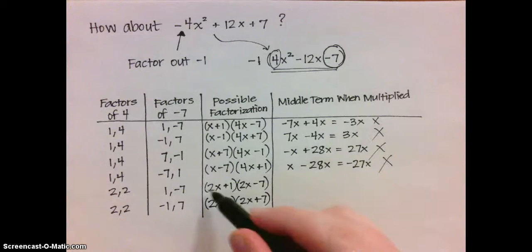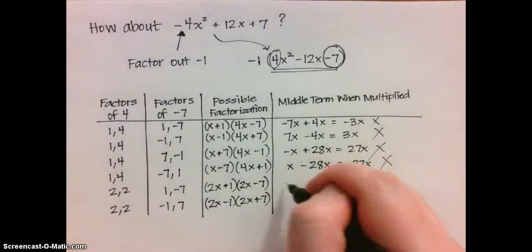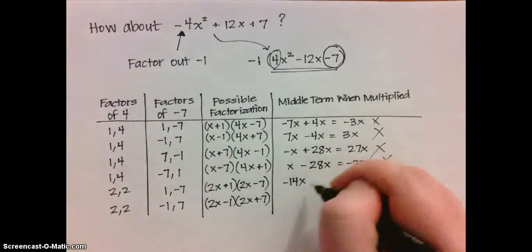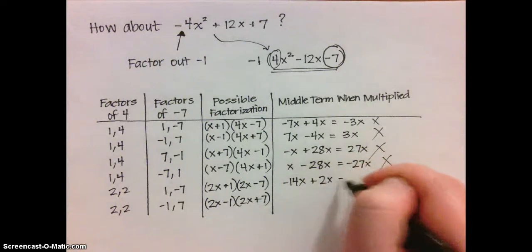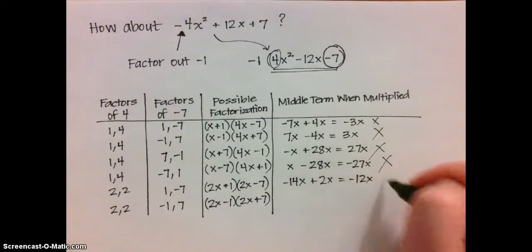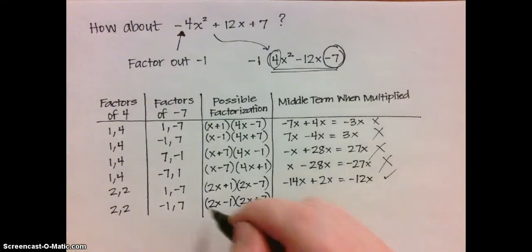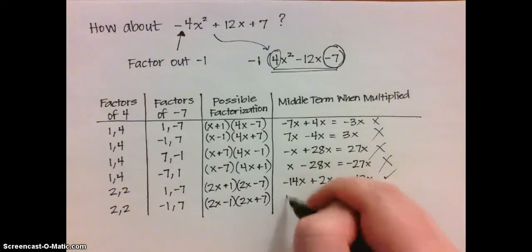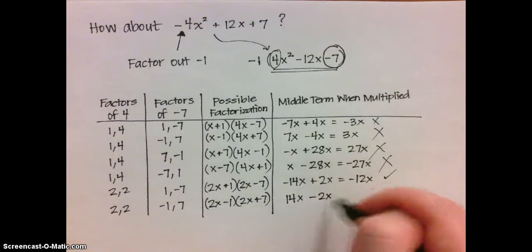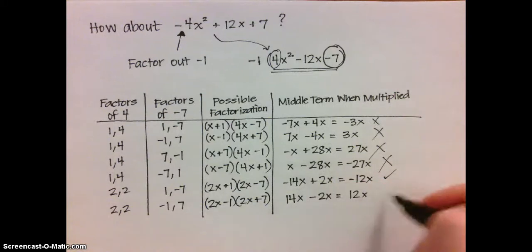Okay, if I multiply my outside numbers, I'm going to get -14x, and the inside would be plus 2x. -14x plus 2x is -12x. And that's what I was looking for. Just to show you, the bottom one would be 14x minus 2x, which would be +12x. I'm not looking for that.